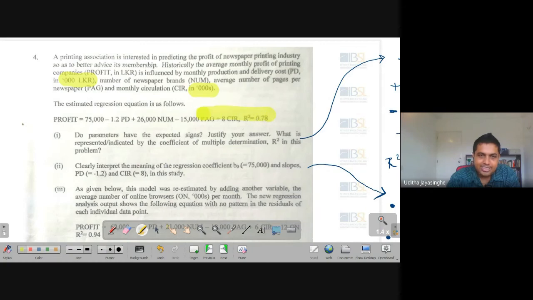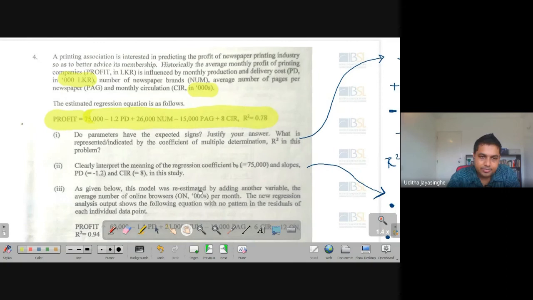We discussed that multiple linear regression is very difficult to compute, but this particular exam question has given us the predicted multiple linear regression equation.